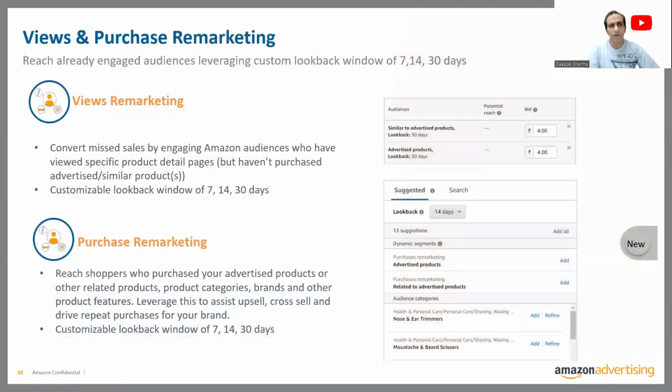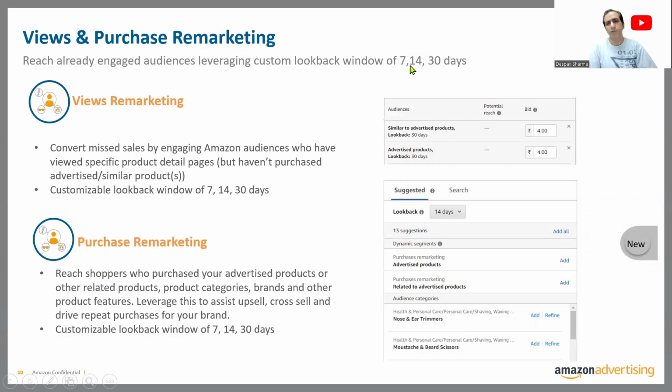Then you have the views and purchase remarketing. Now, what is this? As I told you, remarketing is the type of marketing where you reach the customer whom you have already reached earlier, either on the website or on the mobile site. So these are engaged audiences, and we can leverage a custom look back window.